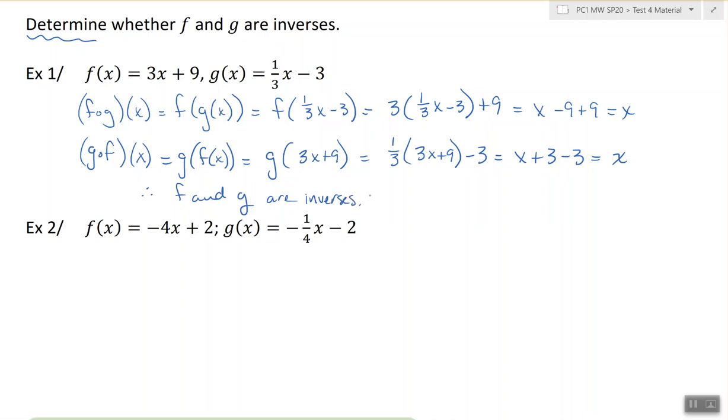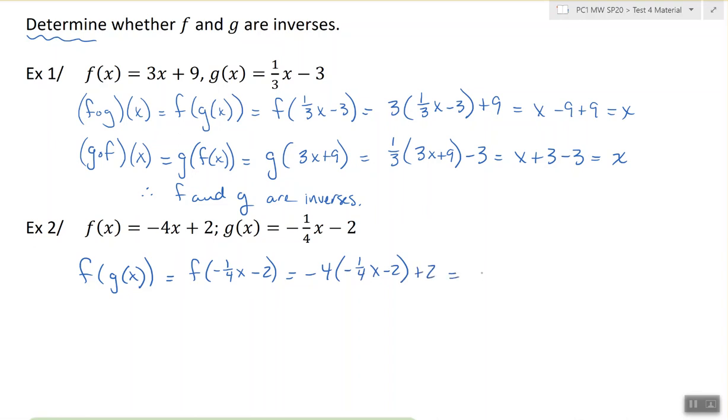All right, example 2. Let's try f of g of x, and I get f of (-1/4 x minus 2). This is -4 times my new input (-1/4 x minus 2) plus 2.